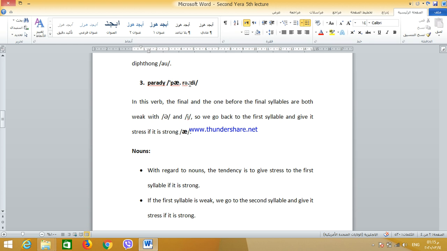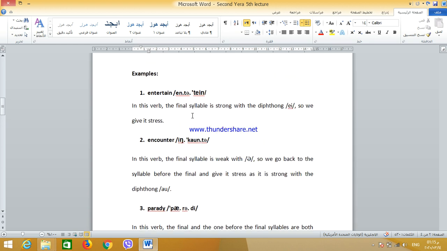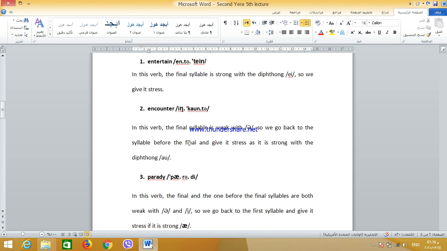Again, this is not normally stressed. So we go to the pa, which has a stronger vowel, a stronger syllable. That's why we give it stress. We give stress to the first syllable. So all options are possible. The first option, to have the final syllable stressed, is possible. Another option, in which the one before the final is stressed, is also possible.